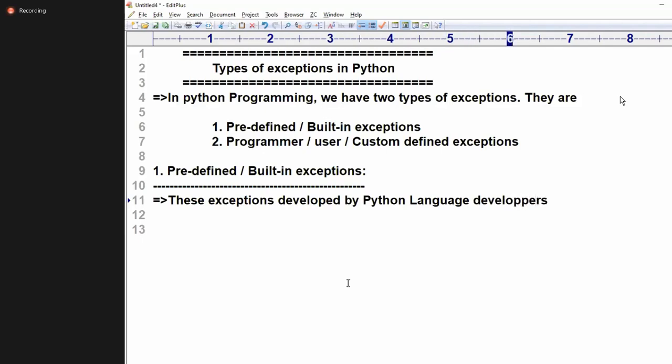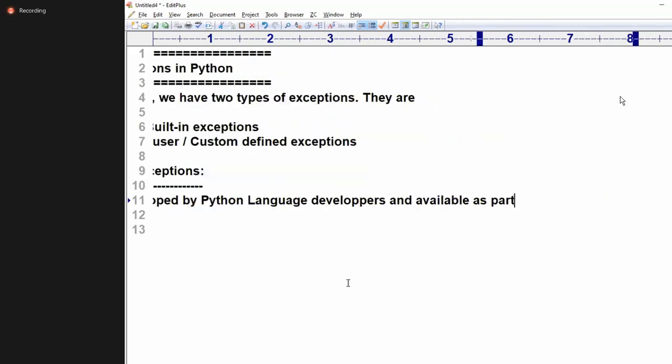And available as a part of the language API. I already told you what an API is. It is a library of the language, called API, in the beginning days.